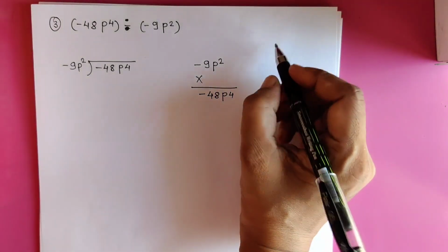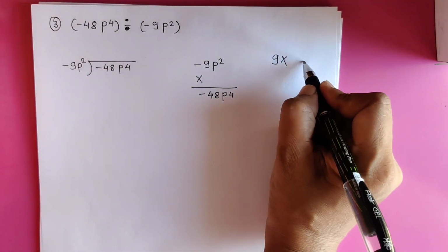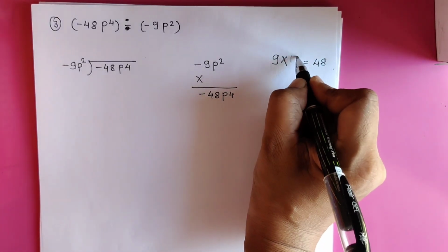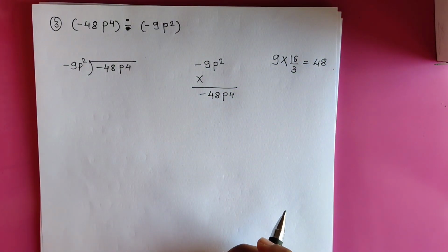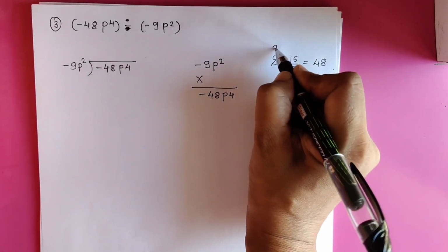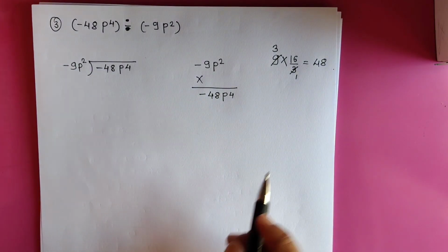So which is the rational number? If you multiply 9 by that rational number, the answer should be 48. So if you multiply by 16 upon 3, we get answer as 48. How? See that 3 1s are 3, 3 3s are 9, and 16 threes are 48. Correct?